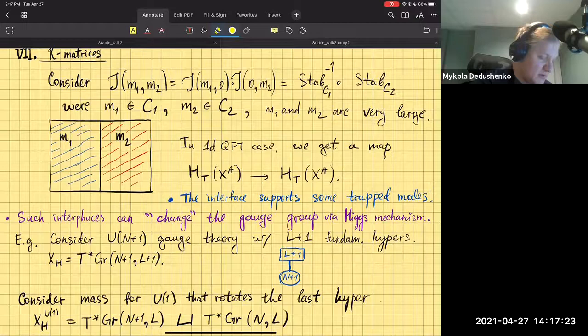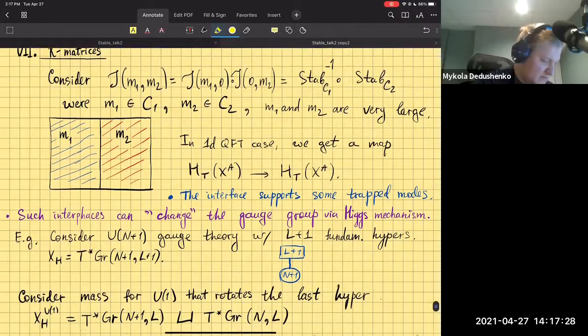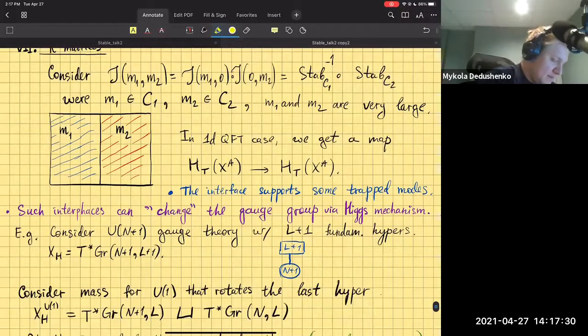For example, let's just consider this basic example of U(n+1) gauge theory with L+1 fundamental hypermultiplets. In this case, the Higgs branch is just the T star of the Grassmannian.